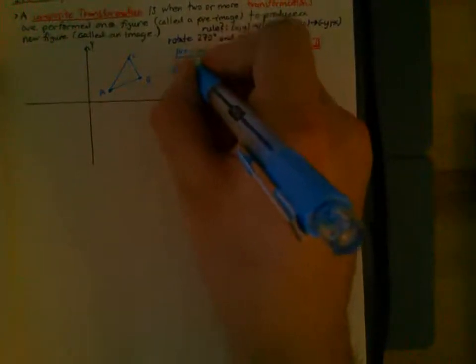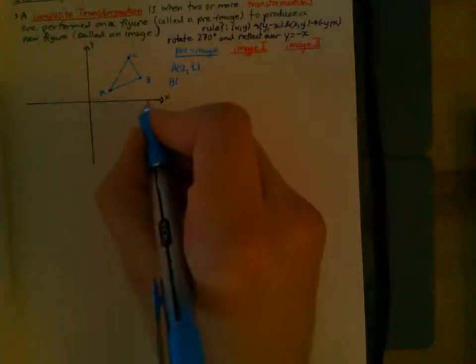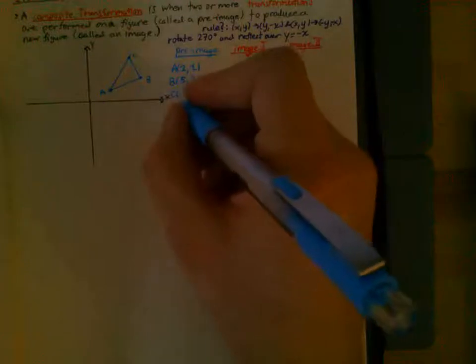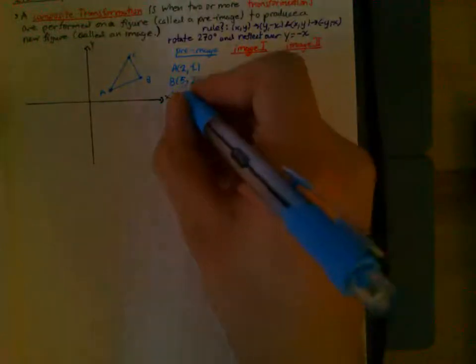So we have A is going to be (2, 1). B is going to be (5, 2). And C is going to be (4, 4). Okay?